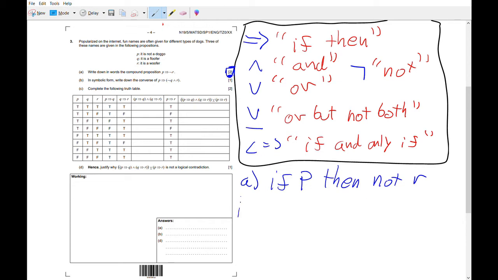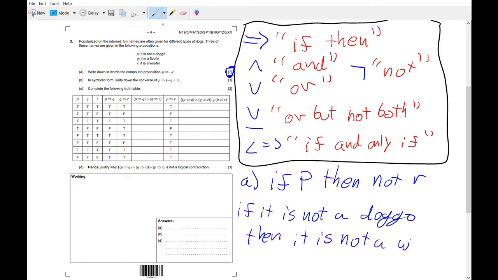Okay? So plugging it in, if it is not a doggo, then it is not a woofer. Okay? I highly suggest that you do this step first because once you plug in P and R, it turns into a super long sentence, and P has a not, but it's not naturally a not. I mean, it doesn't have a not in front of it. It can get confusing.